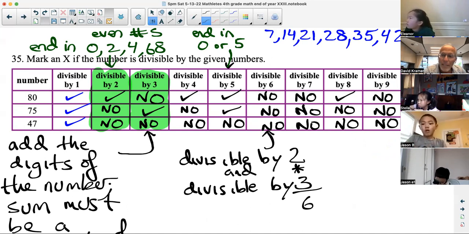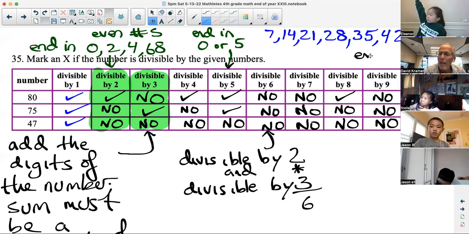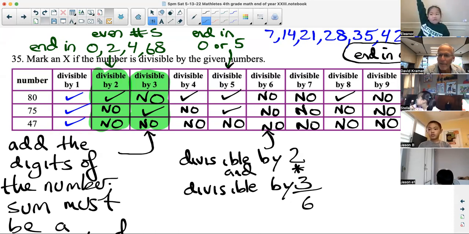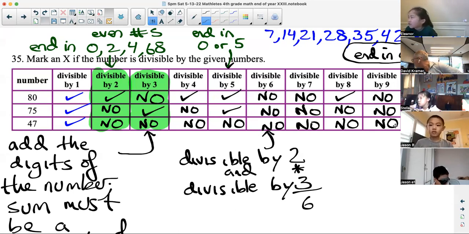And the rule for 10 is it has to end in a what? 0. And do any of these end in a 0? Yes. Which one? The first one, 80. And no, and no.